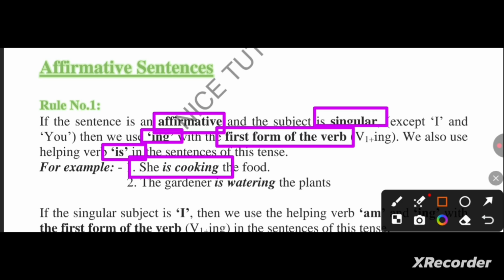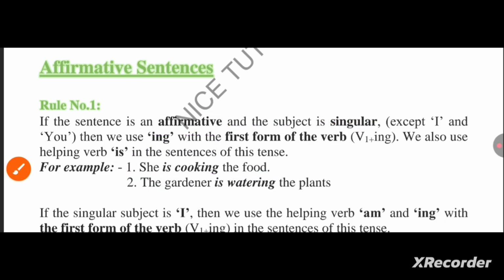Again, in the second sentence, we can see over here, the gardener is watering the plants. Here, gardener is again a singular subject and we have used the helping verb is. And then again, ing has been used with the first form of the verb.